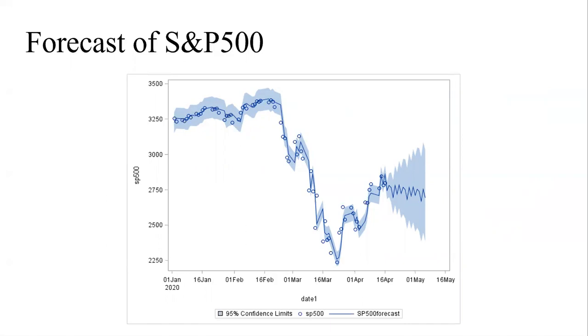The within-sample forecast is for the period January 4, 2020 to April 16, 2020. Note that the predicted values follow very closely with the actual values, which also indicates that the model fits the data well. The blue line from April 16, 2020 to May 6, 2020 is the actual forecast for the S&P 500 index that we got from our ARIMA 112 by 1127 model.